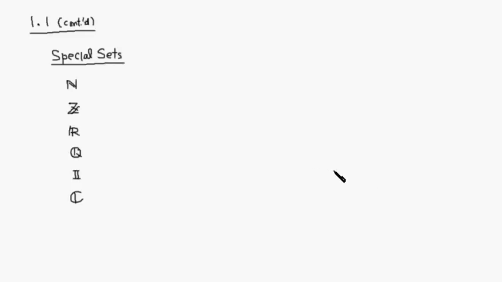Right, section 1.1 continued. We want to talk about special sets, and these are used quite often, so we need to know what they mean. The first one is set N, the set of all natural numbers.